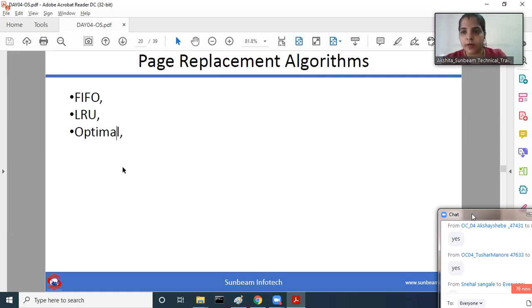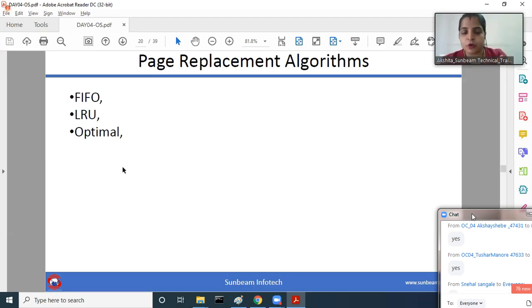It is because I want to replace some page, the victim page, from my main memory so that I am able to load a new page. Which page is to be taken out? That decision is made by the page replacement algorithms, and there are 3 algorithms: FIFO, LRU, and optimal. Is it clear up to this point?